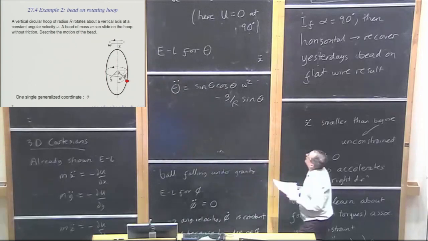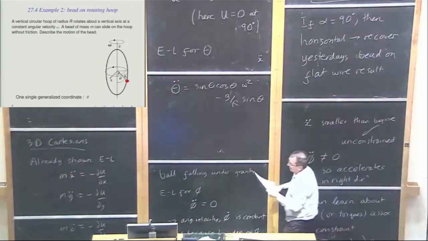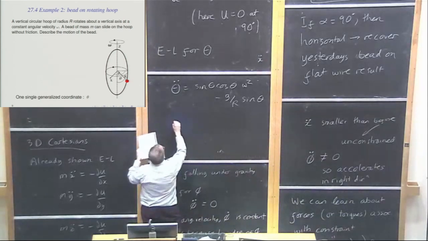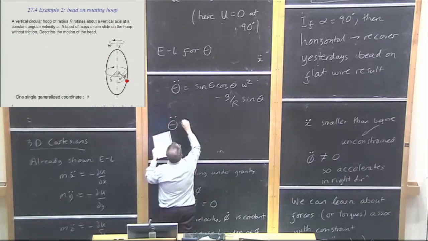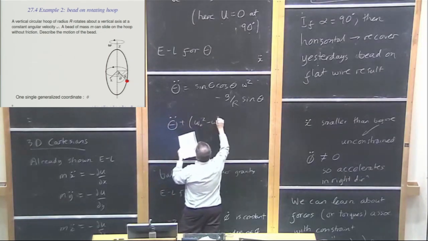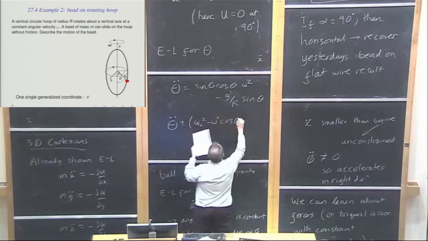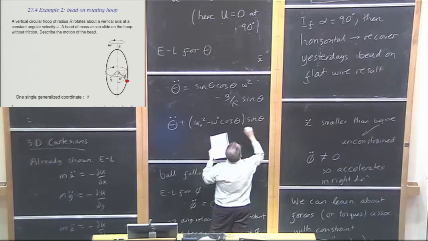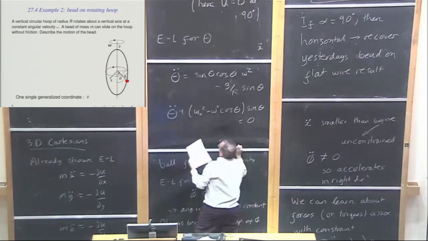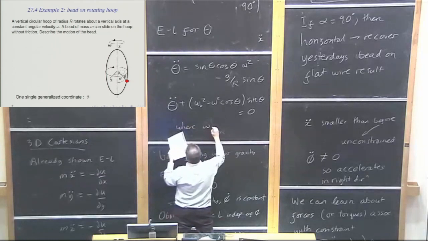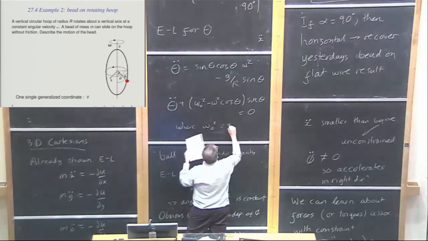And just to make this more compact, I'm going to define a variable omega naught squared, which will allow me to write theta double dot plus omega naught squared minus omega squared cosine theta, all of sine theta, equals 0, where this omega naught squared I've introduced is just g over r.